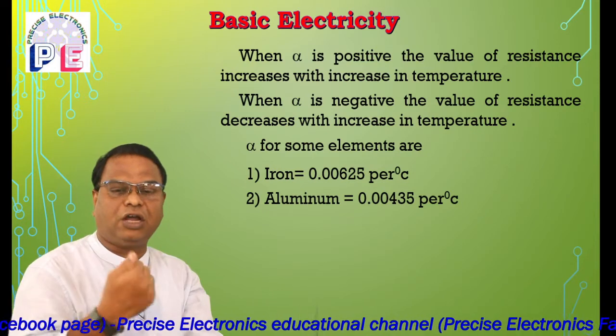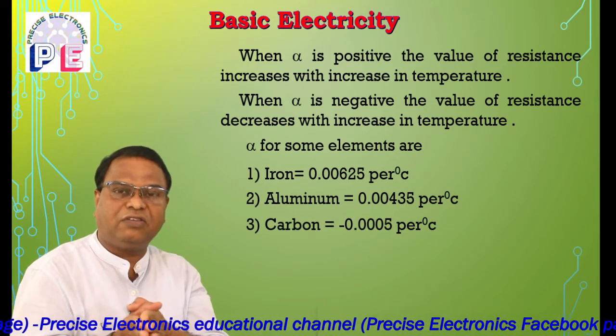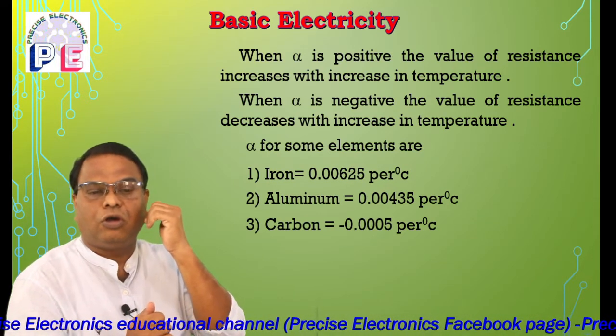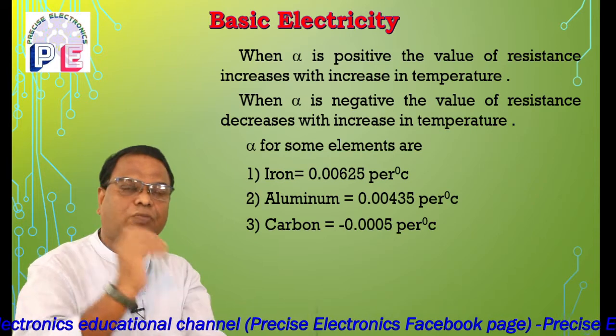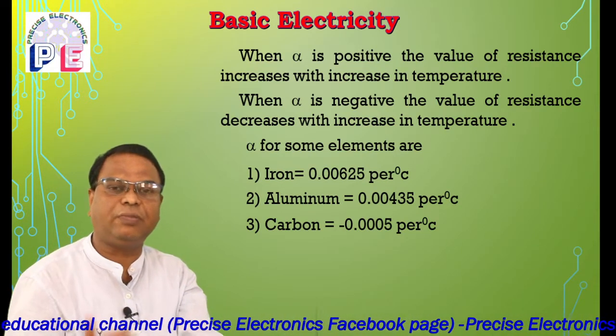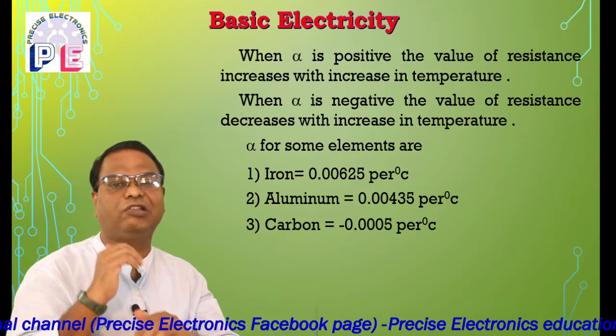In the case of carbon, the temperature coefficient is minus 0.0005 per degree centigrade. That means carbon has a negative temperature coefficient, while aluminium and iron, which are metals, obviously have a positive temperature coefficient.